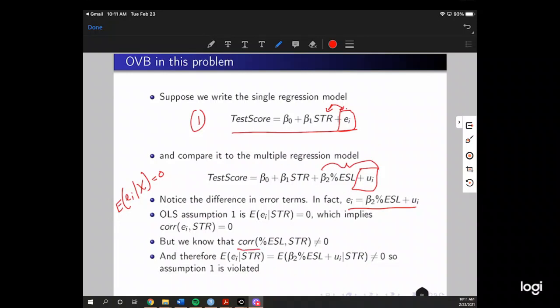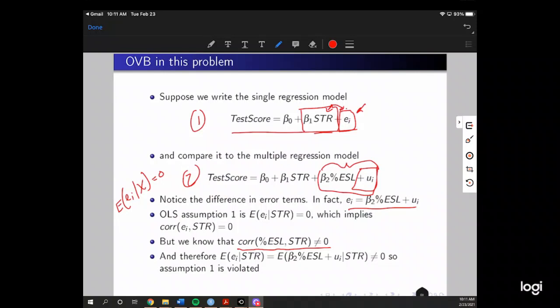If we substitute in for e_i the last bit of the second equation here, the question becomes a little clearer. Is percent EL correlated with student-teacher ratio? Is something contained in this error term, e_i, percent ESL, correlated with the thing that's included in the model, student-teacher ratio? And in fact it is.